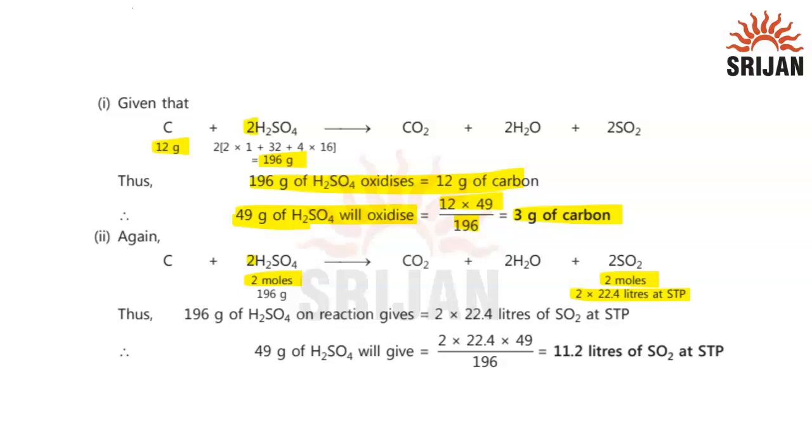But we have only 49 gram of H2SO4. So first of all, 196 gram H2SO4 is producing 2 into 22.4 liters of SO2. Then 1 gram of H2SO4 will give us 2 into 22.4 divided by 196. For 49 grams specifically, we will multiply that with 49 and get the answer as 11.2 liters of SO2 at STP.